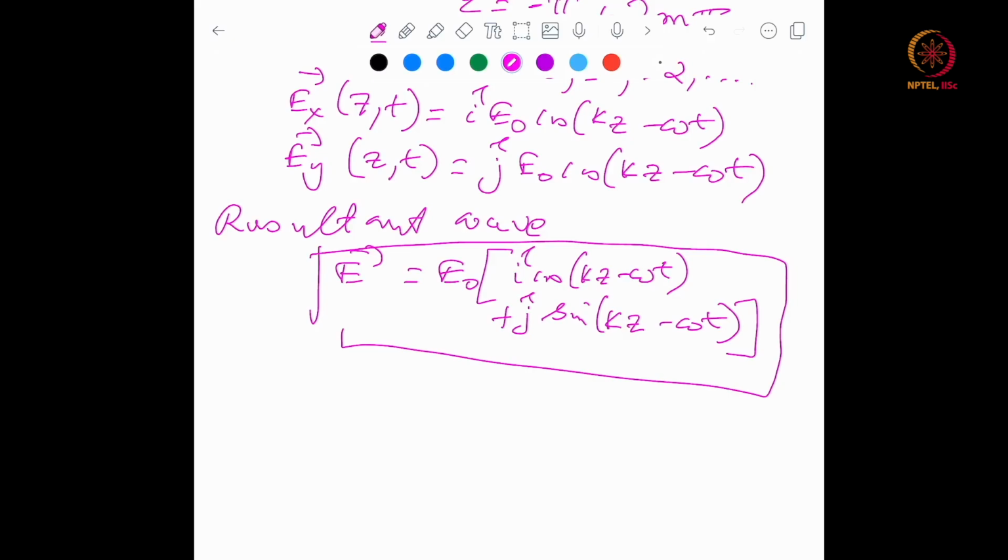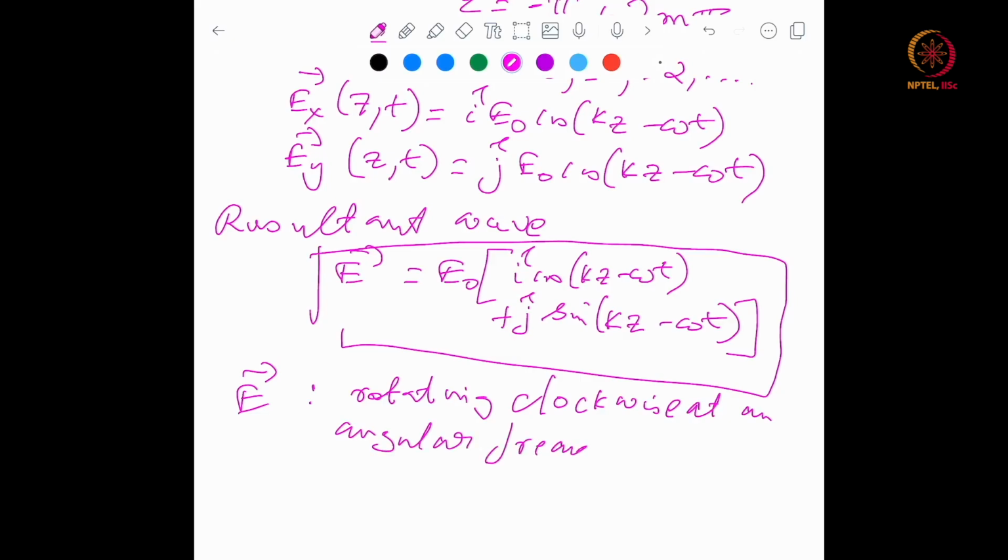So this is circular polarization. The resultant electric field E is therefore rotating clockwise at an angular frequency omega. Therefore, this is called right circularly polarized.